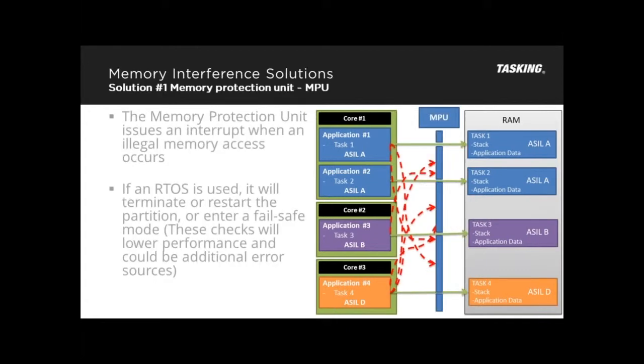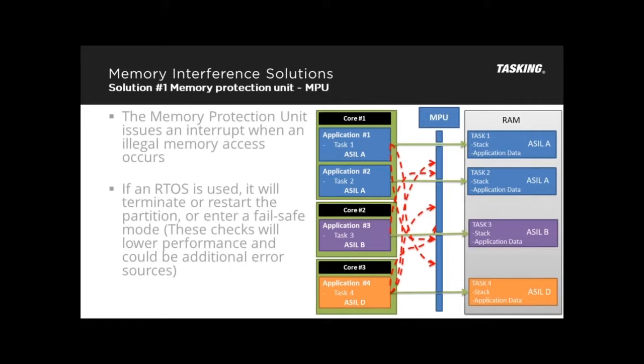To tackle this problem, or to achieve the freedom from interference concept, one could decide to go for the memory protection unit, or MPU. The MPU is a hardware module that you need to configure, and after the configuration, it regulates the access to the memory.